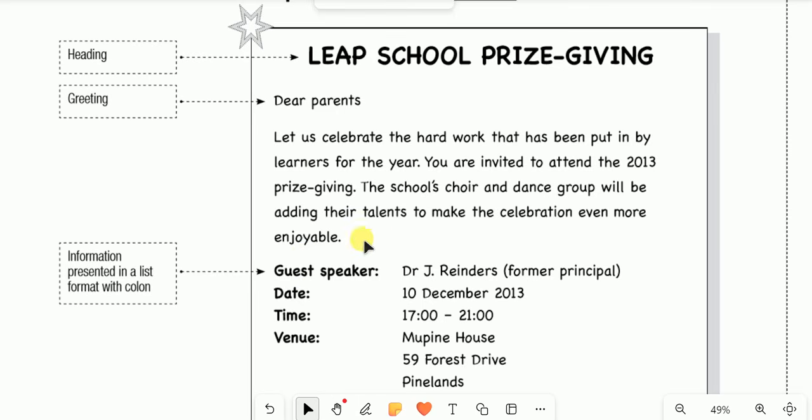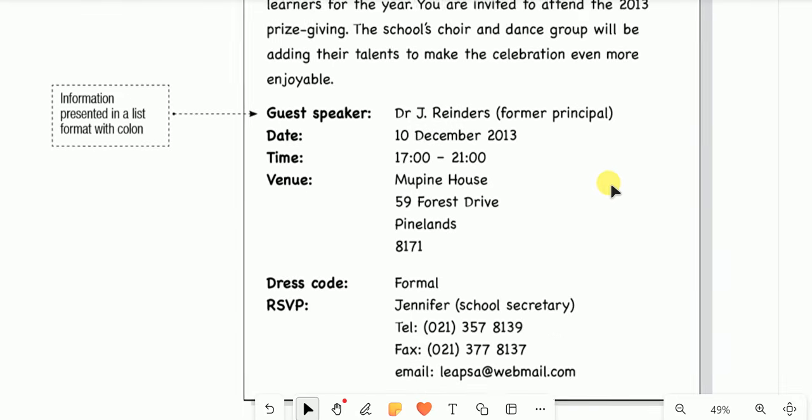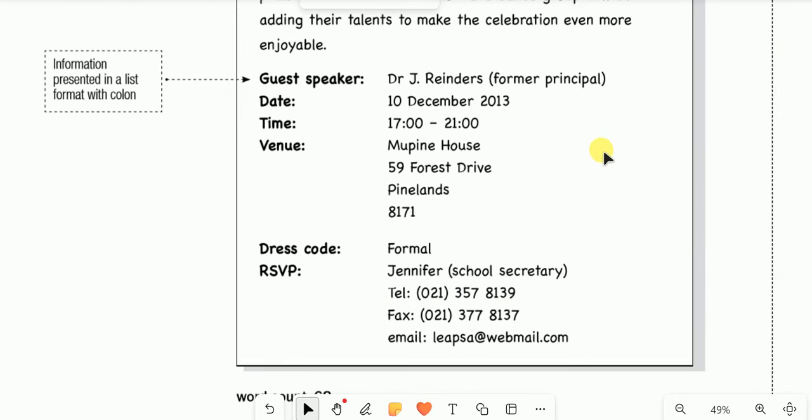Okay, and then once you are done with the heading, the greetings, and the paragraph, now you go to the most important aspect of an invitation, which is information, right? Remember, you are inviting people to an occasion, so we need to know who will be the guest speaker, if there is a guest speaker.